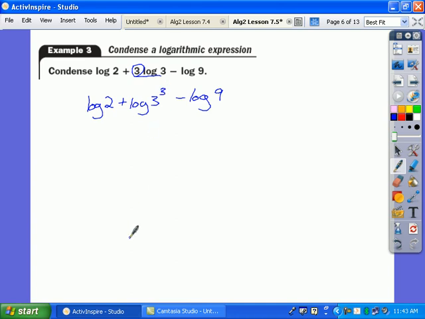And now by our properties, here I'm adding two logarithms, so if I wanted to combine it, it would be under the operation of multiplication. And here I'm subtracting log 9, so that would mean I'm dividing it here. So there we are.